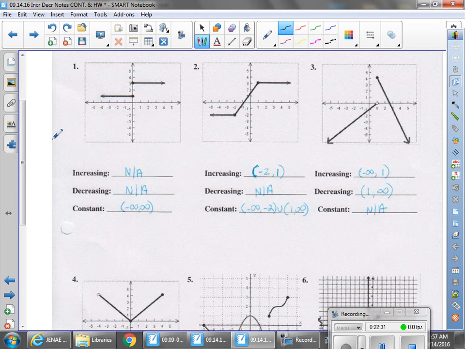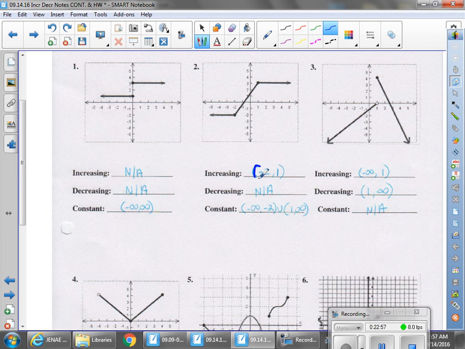Yes, Adesola. Good question. This is not my answer key. This is another teacher's, so I will let her know. I would say that that should be a bracket. It almost looks like it was a bracket, right?